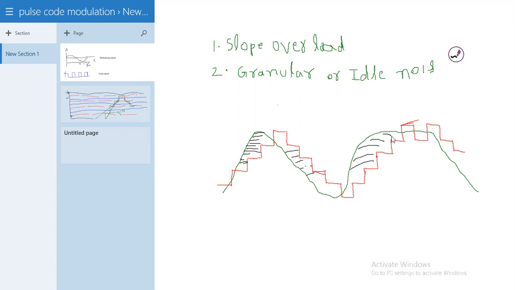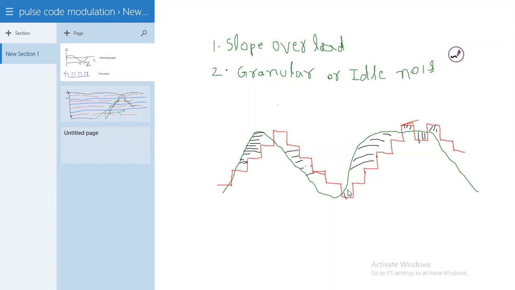Another one is granular noise. In granular noise, this is the modulating signal and this is the step signal. The distance between these two is also increased here, here also, and here also.